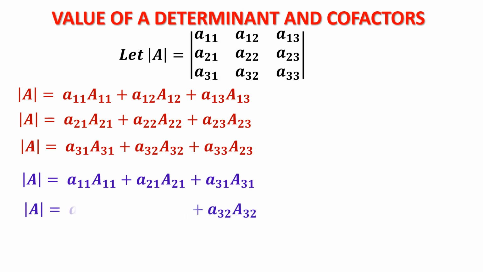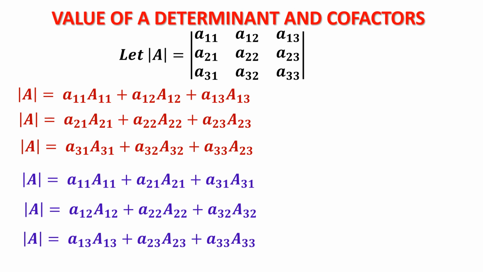Remember that this is a very interesting thing. There are 6 ways of finding the value of the determinant. You see, everywhere the element is multiplied with its cofactor only. For example, the first 3 I have done with the first row, second row, and third row. The second set of 3 I have done with the first column, second column, and third column.